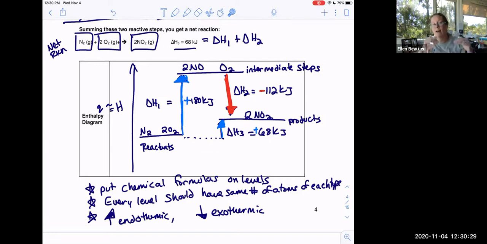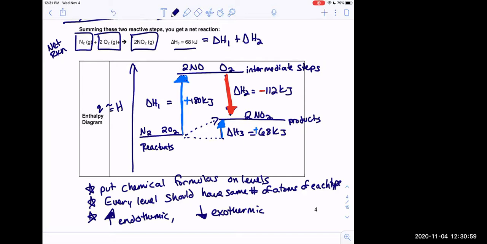So set your levels roughly 180 up and 112 down, but there's no way I'm going to get out a ruler. Ultimately, if your overall process is endothermic, then your overall arrow from your reactants to your products should be uphill. If it's exothermic, then the overall arrow from the reactants to the products should be down.